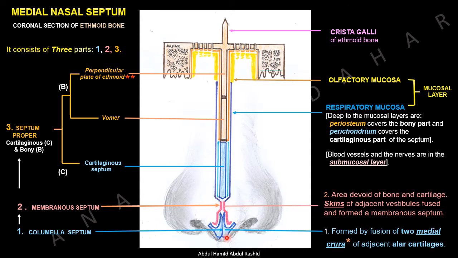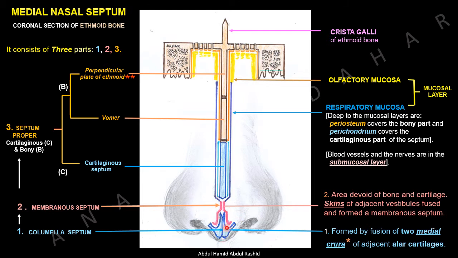This is the lateral crus and this is the medial crus. We just mentioned that the two medial crura of adjacent alar cartilages fuse together and form this common septum, called the columellar septum. So this is the very first part, the inferior-most part of the nasal septum. Here will be the vestibule of the nose, lined by skin.